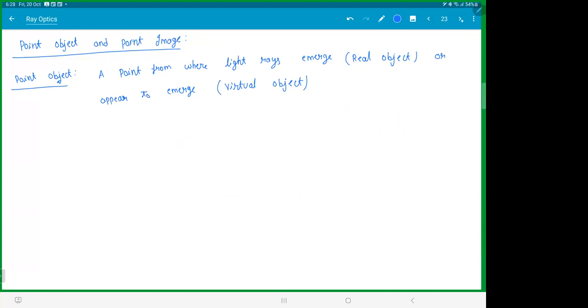So this is a virtual object. Then what's the point image? A point where light rays converge.